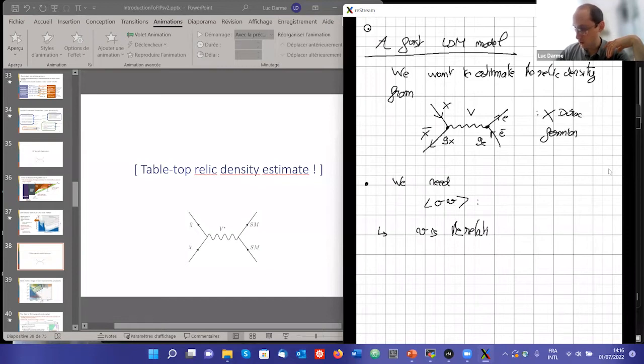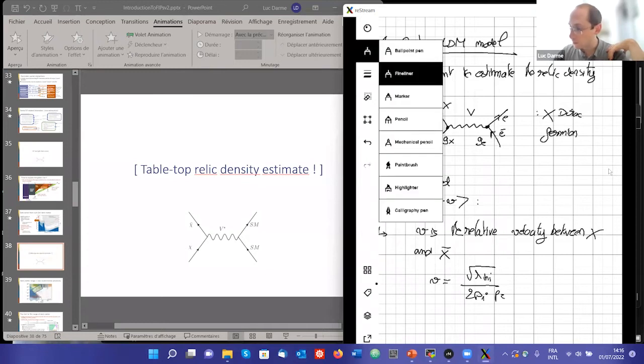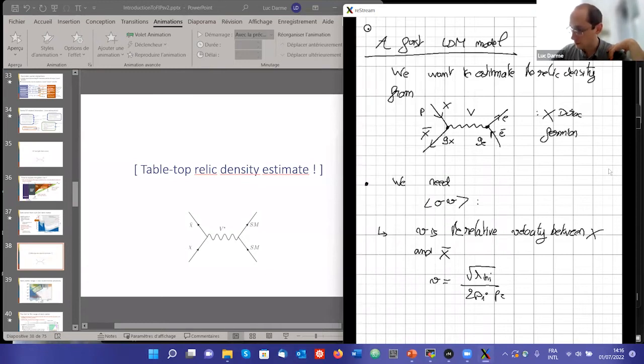This is a pretty standard dark matter lecture, so I will try to go a bit fast. v is given by the square root of the Källén function of the initial state, divided by the scalar product of my initial momenta. Here we'll take chi with momentum p1, this is p1, this is p2. Then this one will be k1, this will be k2.